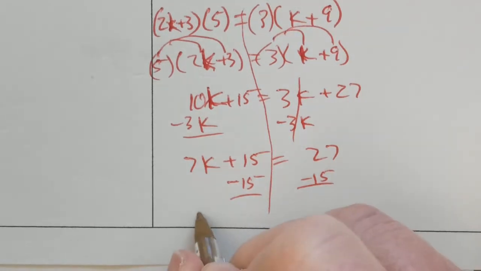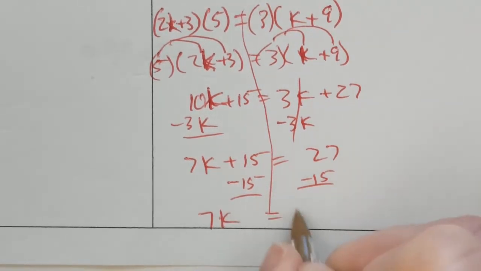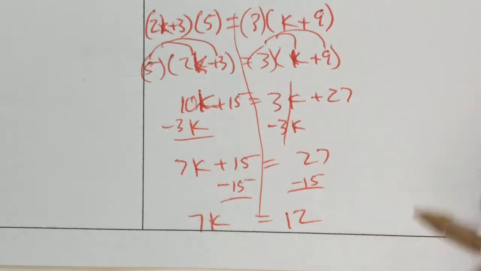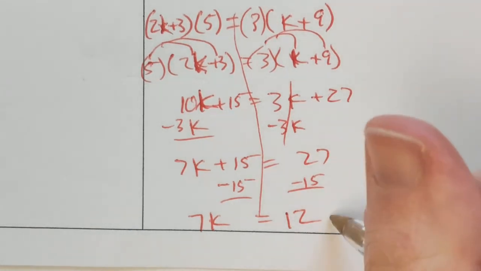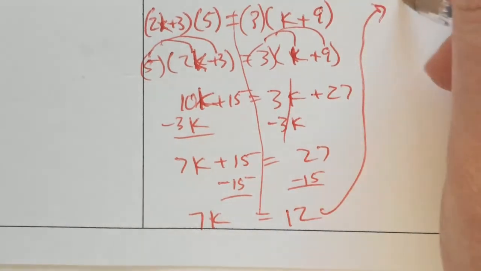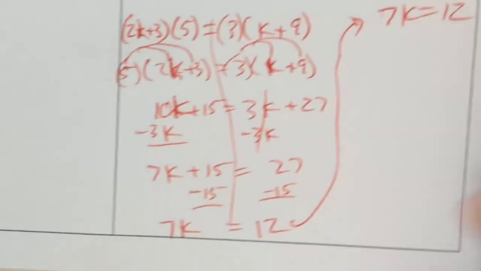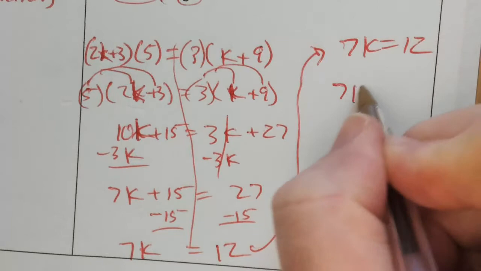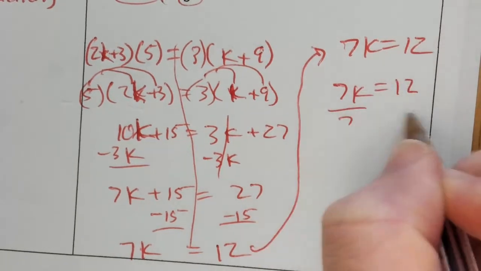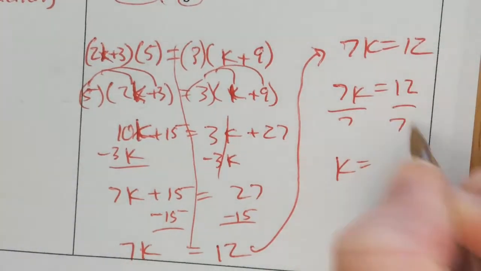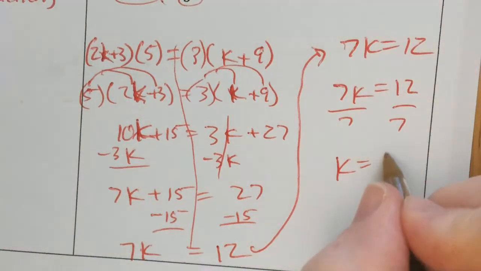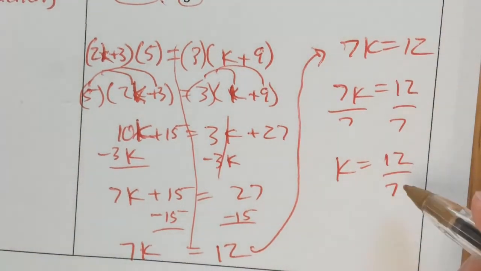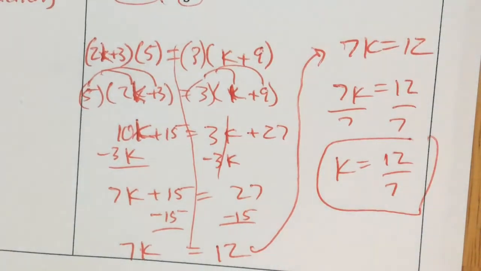You pop out with 12, so you have 7k is equal to 12. Okay, and then I ran out of room, so I'll put it up here. 7k is equal to 12. Okay, now what do we want to get rid of? That's 7. So divide both sides by 7. K equals, and is there a prettier way to write that? No, it's 12 over 7. That's as pretty as it gets, and that is our final answer.